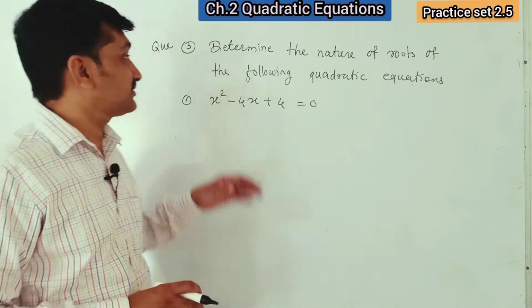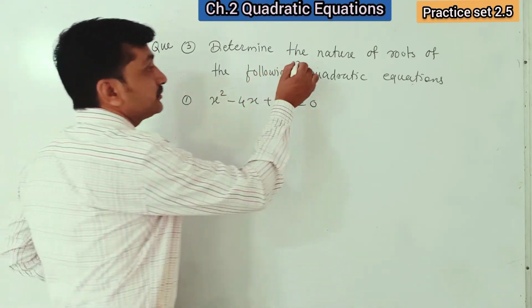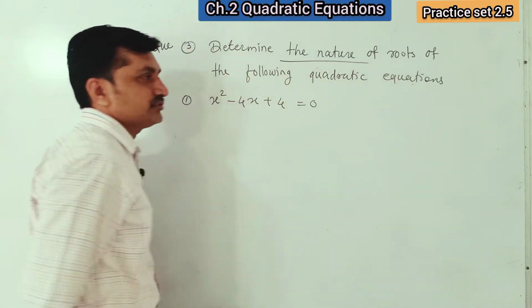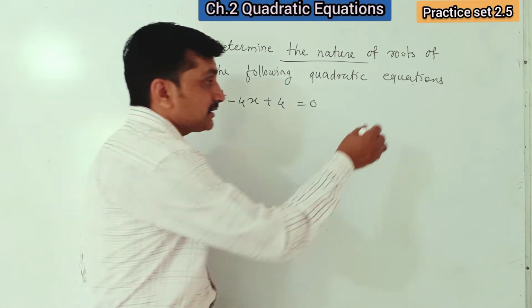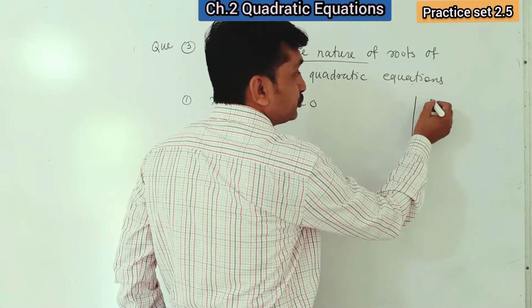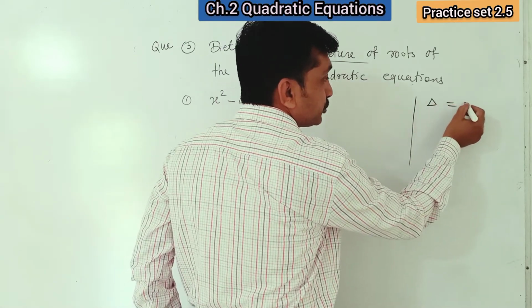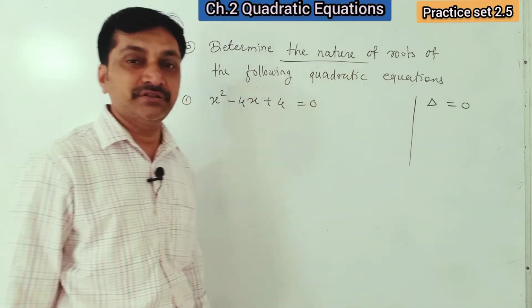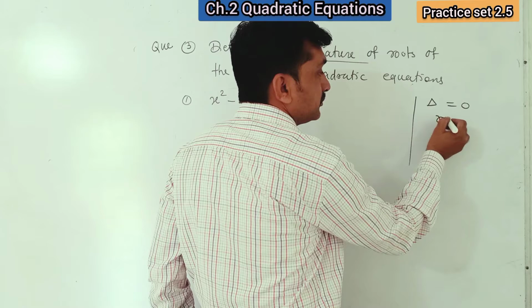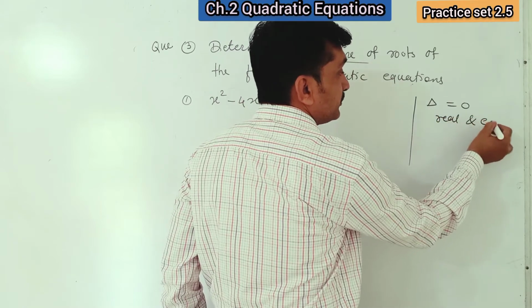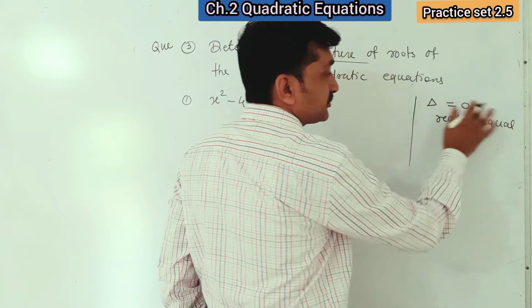Dear friends, question number 3 is now determine the nature of the roots. We have to write nature of the roots now. And as I told you, if you get delta is equal to 0, delta means b square minus 4ac, roots of equation are real and equal. Remember these points.